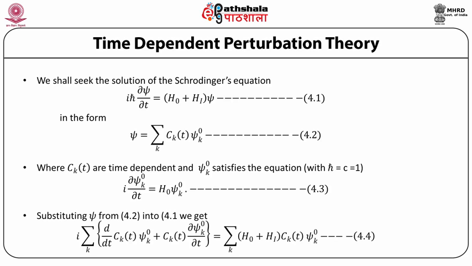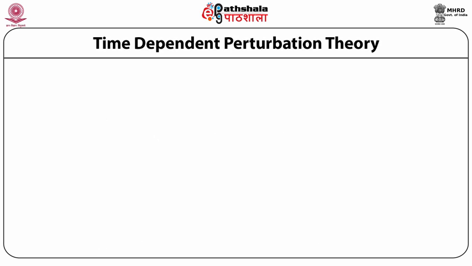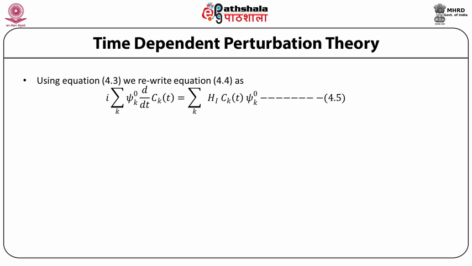Substituting ψ from 4.2 into 4.1, we get i d/dt of Ck(t) ψk naught plus Ck(t) dψk naught/dt is equal to (H naught plus Hi) into Ck(t) ψk naught. If we use equation 5.3, the equation for the unperturbed part, this reduces to i ψk naught d/dt of Ck is equal to Hi into Ck(t) ψk naught.